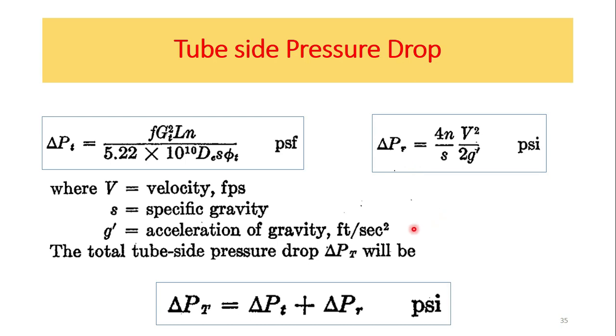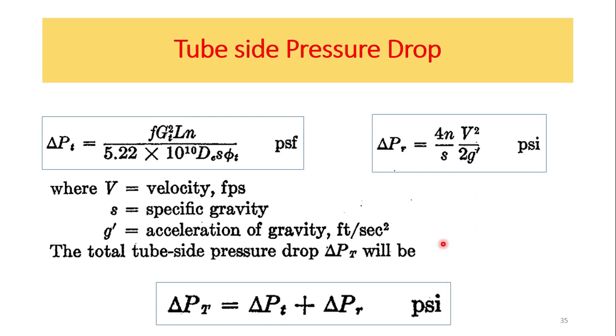In most cases where you have to use U-tube configuration of the tubes in the shell and tube heat exchanger, there is a special turn, and because of the U-turn in the tube side there will be a pressure drop.